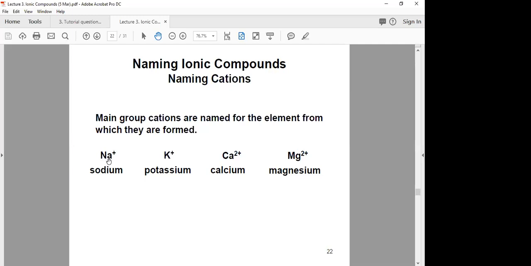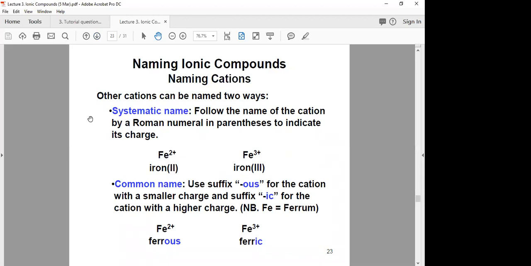So here we have the sodium cation, simply called sodium. Potassium, when charged, we still call it potassium, or the potassium cation. Calcium in its charged form is simply called calcium, and magnesium is simply called magnesium, or the magnesium cation, if you like. So they're easy. The name does not change.